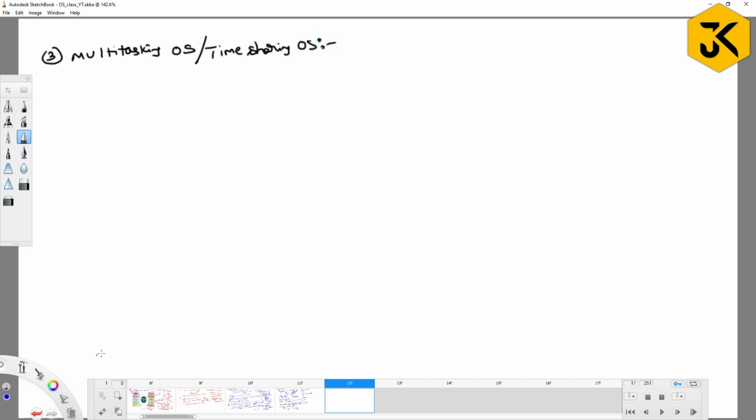In multitasking or time sharing operating system, we have a terminology called time quantum, guys, right? Before explaining the keyword time quantum, let me first draw the structure, right?